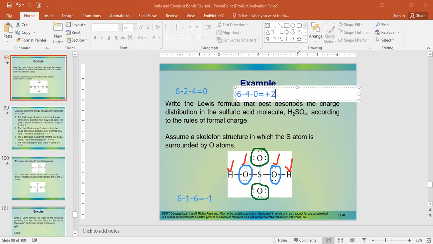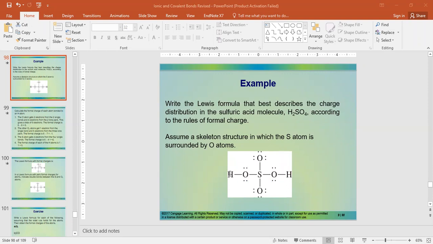So having said that, you realize that this oxygen here is 0. I mean, this hydrogen here is 0. This hydrogen here is 0. This oxygen here is 0. The oxygen here is 0. Now, this one is -1 and this is +2.